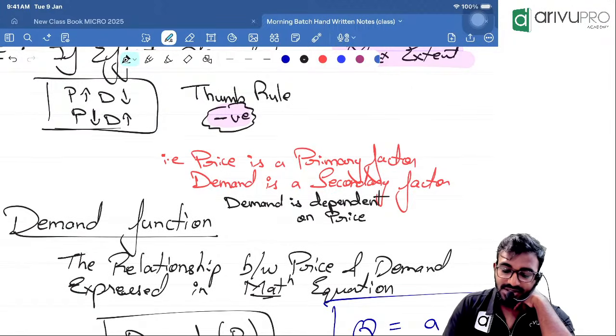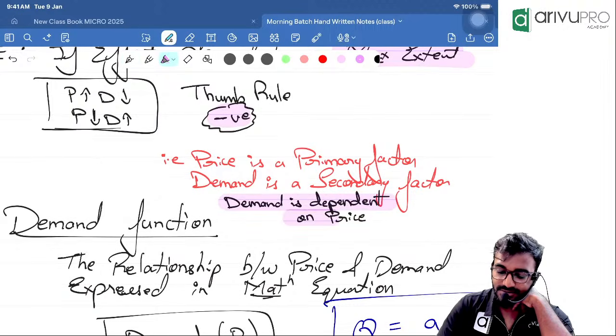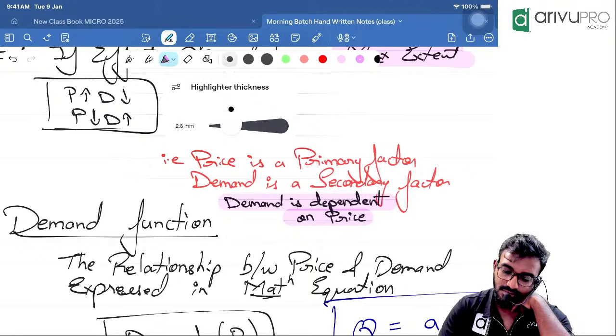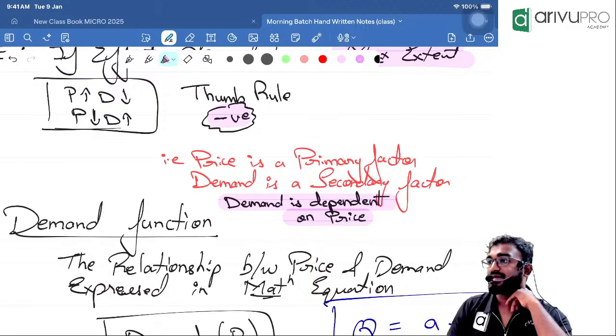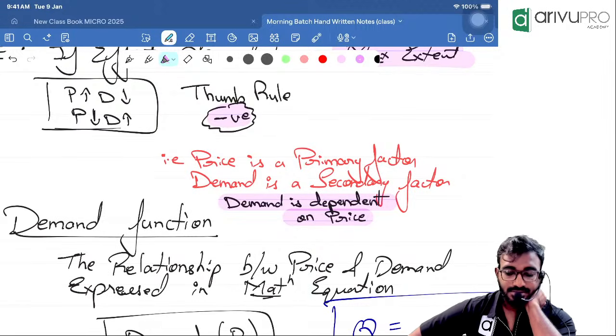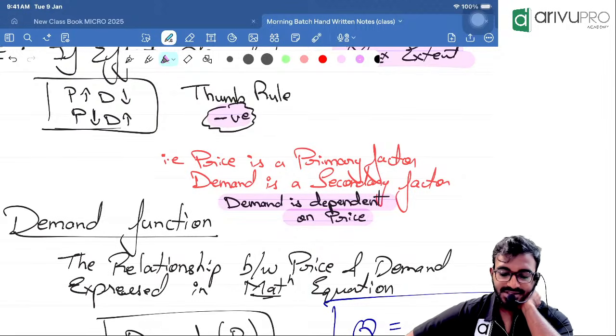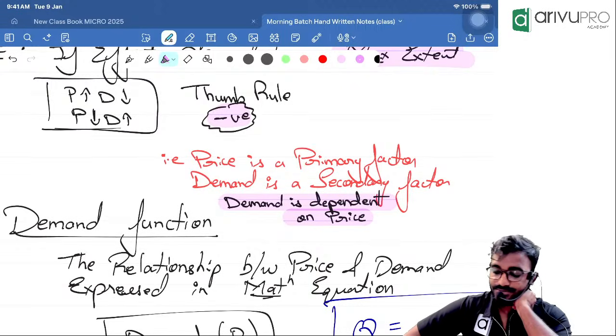And below that, demand is dependent on price.